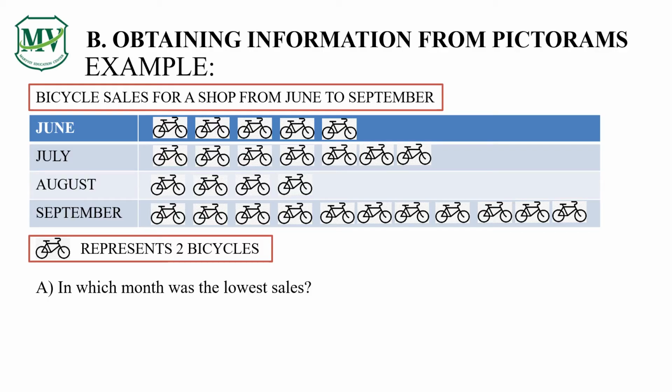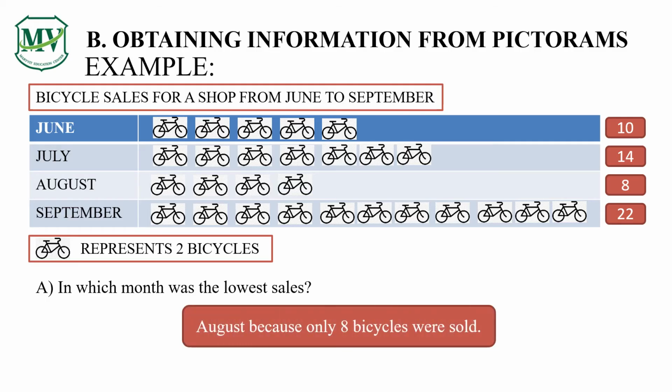In June, they sold 10 bicycles. In July, they sold 14 bicycles. In August, they sold 8 bicycles. In September, they sold 22 bicycles. That means August, because only 8 bicycles were sold.